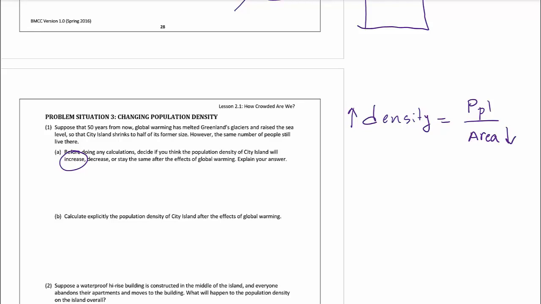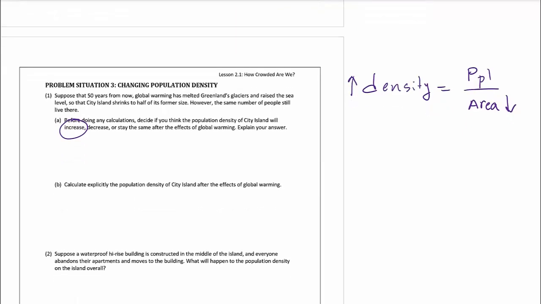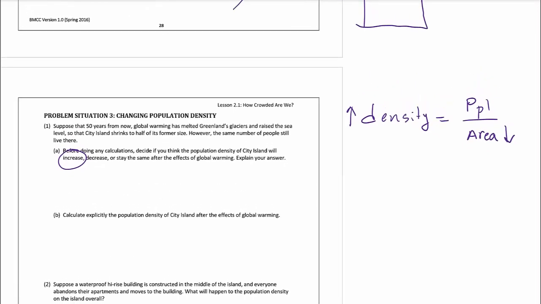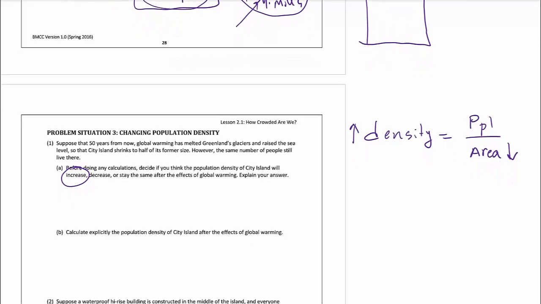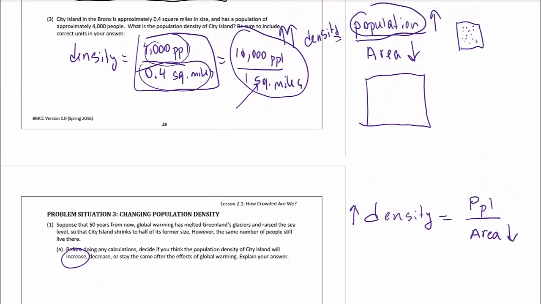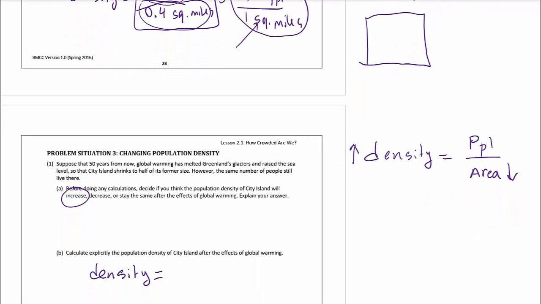Alrighty, next question, asking us to calculate explicitly the population density of City Island after the effects of global warming. So now let's go ahead and actually do the calculation. We assume the number of people stays the same. Remember it had how many? 4,000 people.